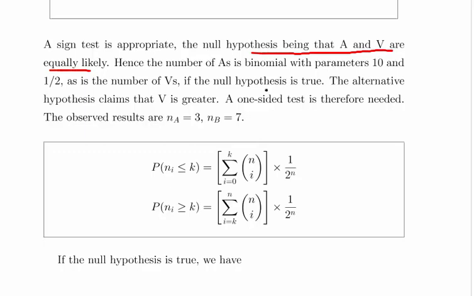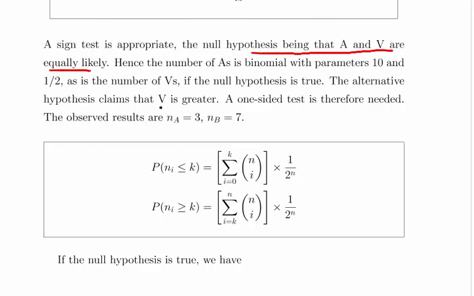So if we were to perform this experiment an infinite number of times, we would get, on average, 5 and 5 for each experiment. We get 7 and 3 in this experiment. We might get 4 and 6 in the next, 6 and 4 in the one after, and the opposite, and overall for the general population it works out to be 5 and 5 per batch of 10 students. That's the null hypothesis.